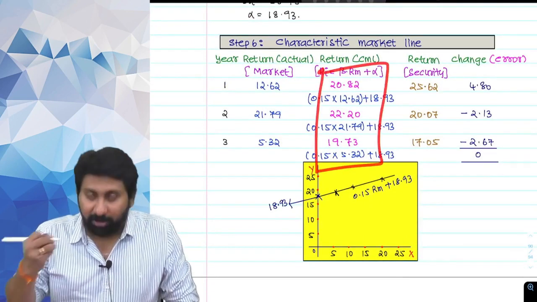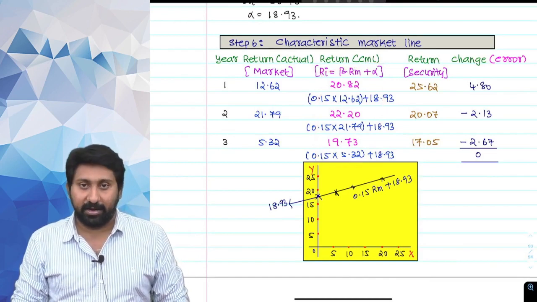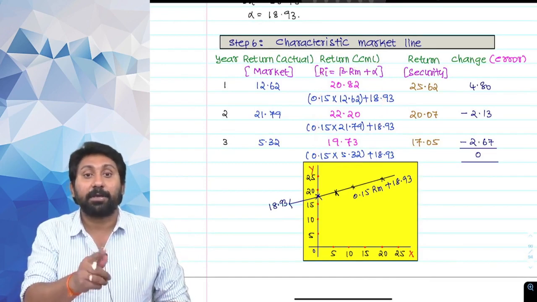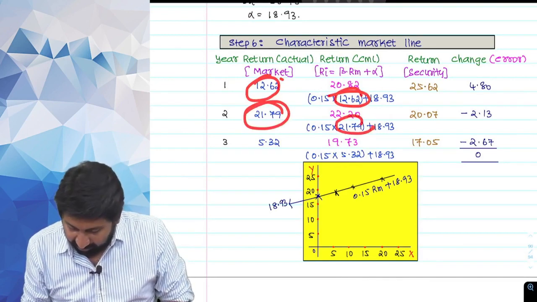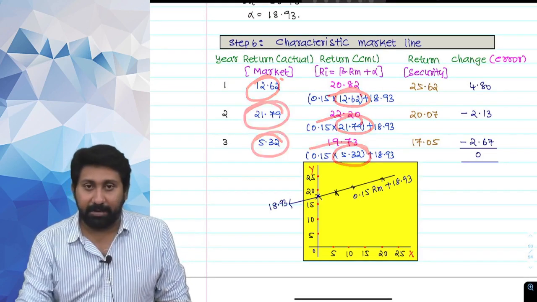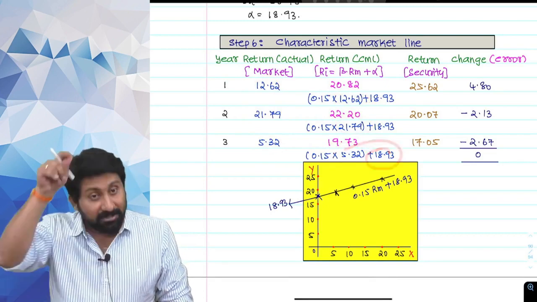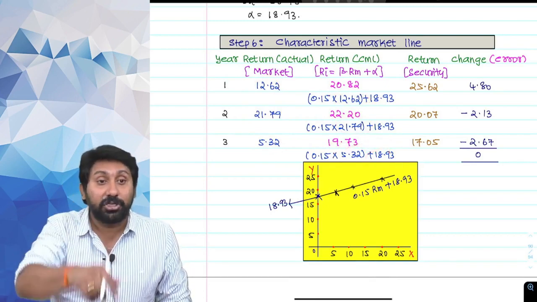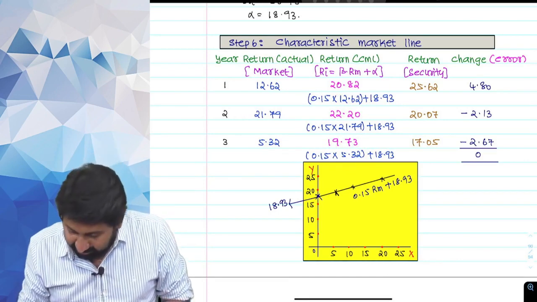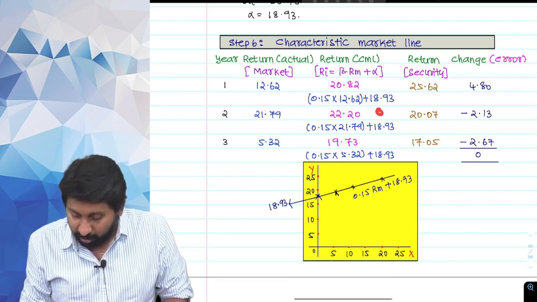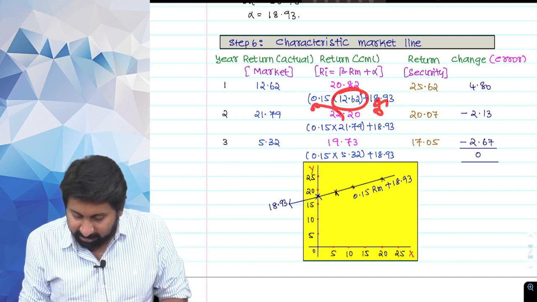Now tell me, systematic return means what? Return that comes because of the market. So we have taken the market as a base. Market is 0, then what is the return of the security? Market is a base again. If market is 12.62, how much?